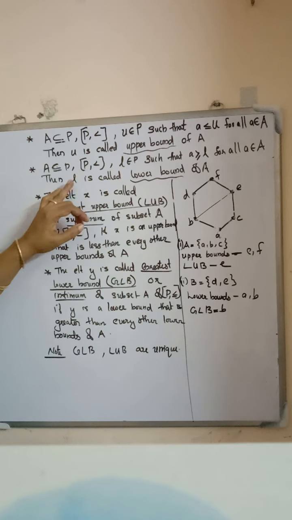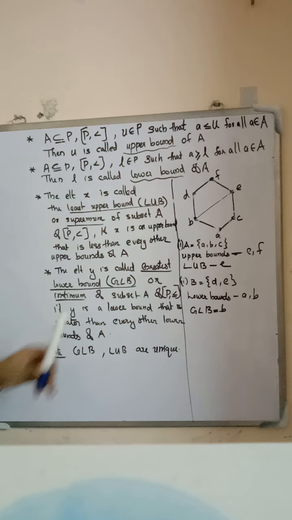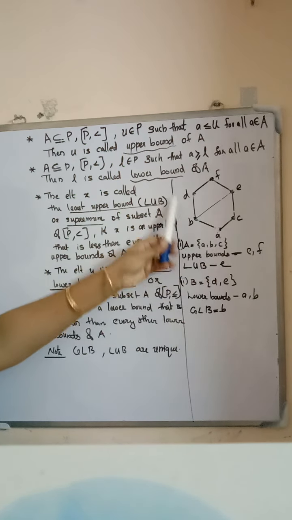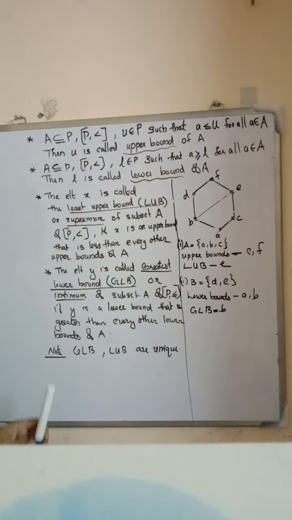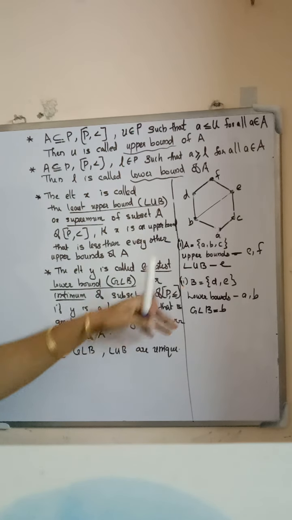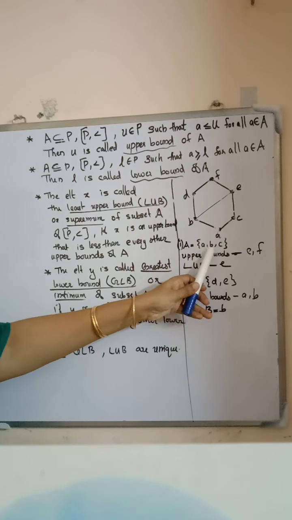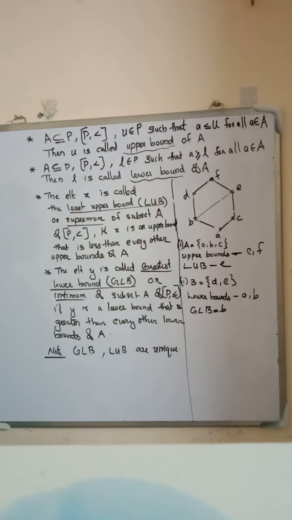Then L is called a lower bound of A. For the set A equal to {A, B, C} in this Hasse diagram, we couldn't find a lower bound, because there is no other element less than A, B, C in this poset.